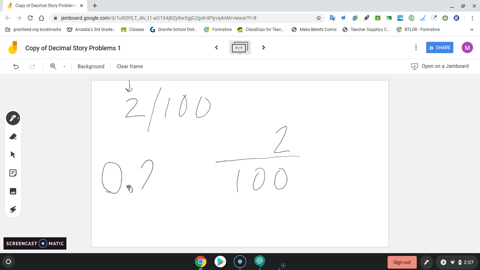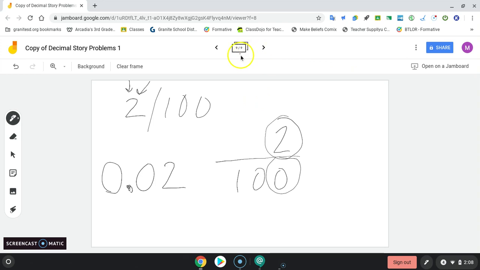And if you write a 2 here, this is your tenths spot, so this would be showing 20 hundredths. You can't do that. What you need to do is put a 0 here to hold this place value, because there are no tenths in this number. There are only hundredths, so it's going to be 0.02, because this is only 2 little hundredths.